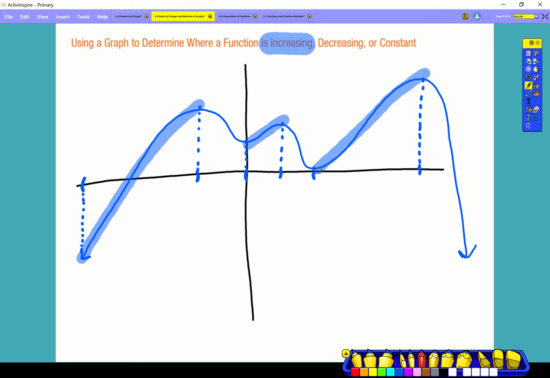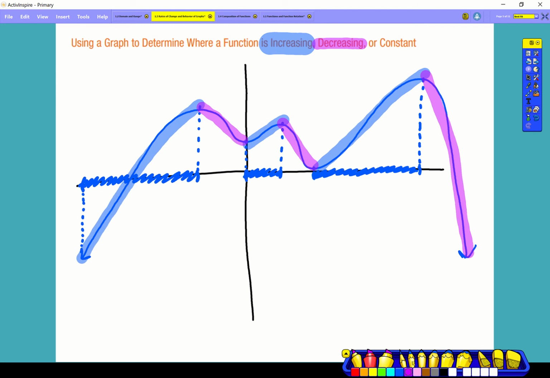So the y is getting larger in these intervals of x. And then we can see for decreasing, it's where things are kind of going downhill.